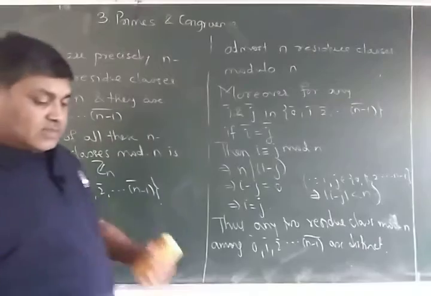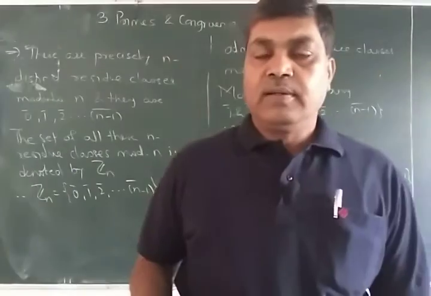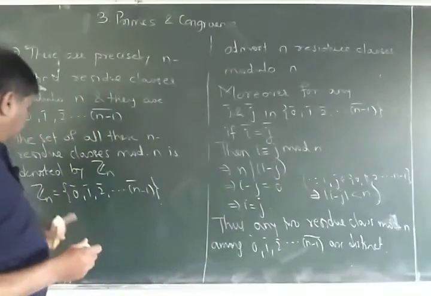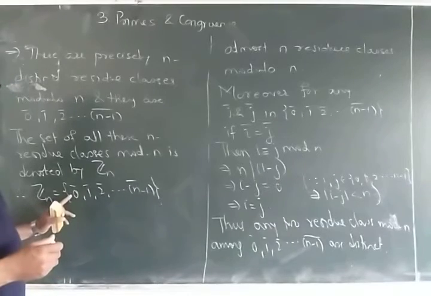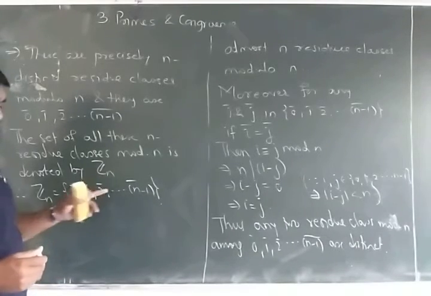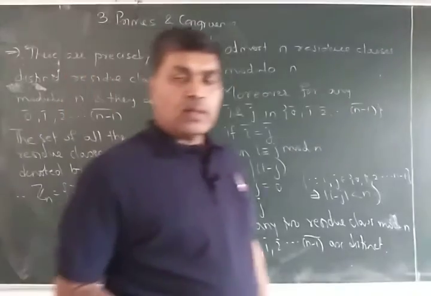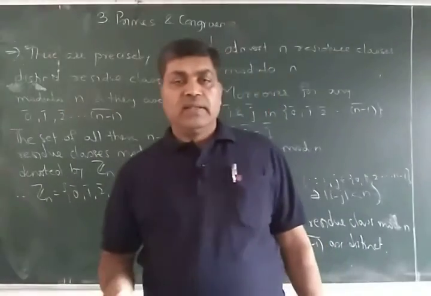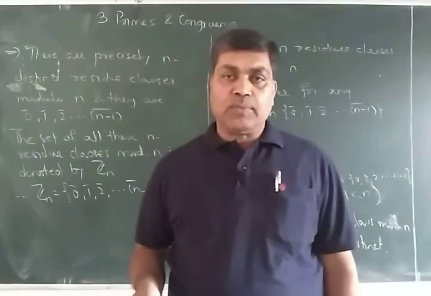Now, as this is a set, Zn contains residue classes modulo n, which are formed by integers 0, 1, 2 up to n minus 1.